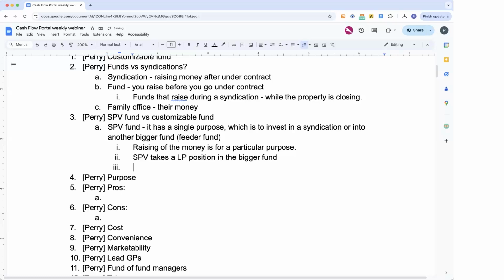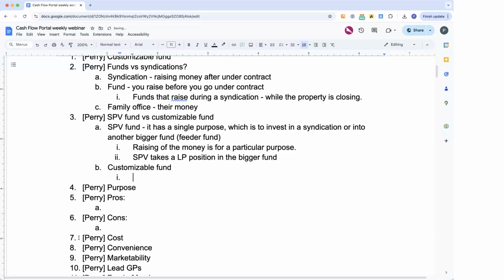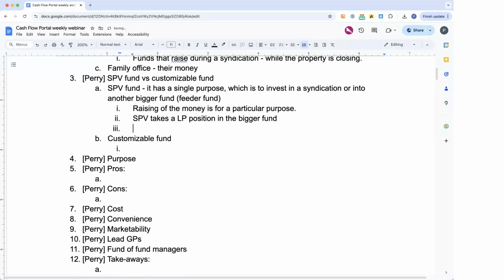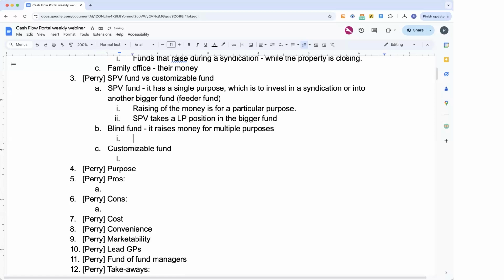And then there's the customizable fund. But let me actually cover one more thing here, which is a blind fund. A blind fund raises money for multiple purposes.